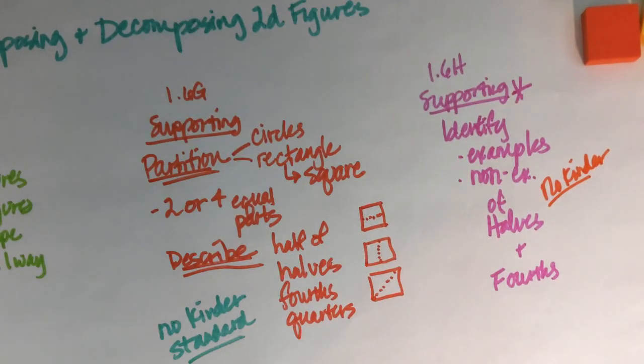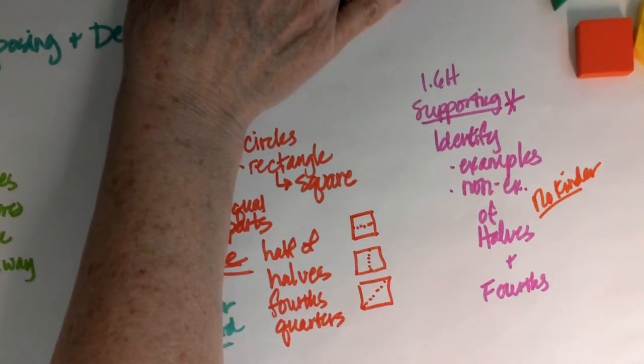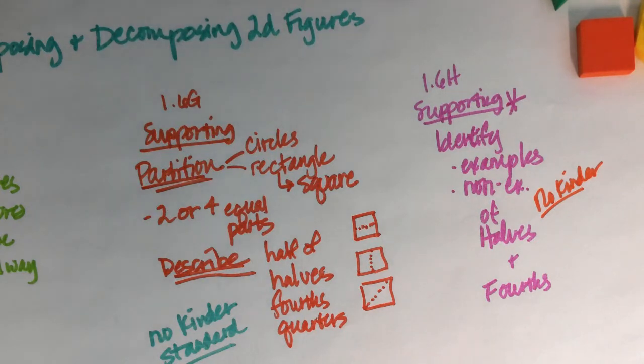Something that we hear kids say that we need to make sure we are not passing by, this little misconception, is when you hear kids say they're unequal halves or they're unequal fourths. There's no such thing. Half means 2 equal parts. So you can't have unequal halves. You can have 2 parts that are unequal, but you can't have 2 halves.